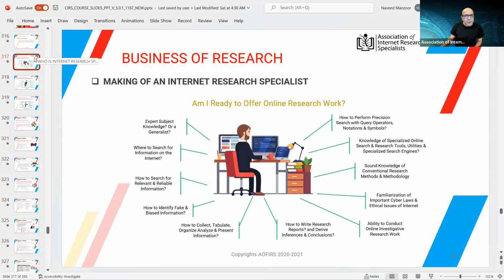Now I'm going to start module 2, module 3 rather, research and business of research. So to begin with, I'm going to introduce you to 3 charts, one of which is displaying in front of you. And we're going to start with looking at what the potential client or your employer is expecting.